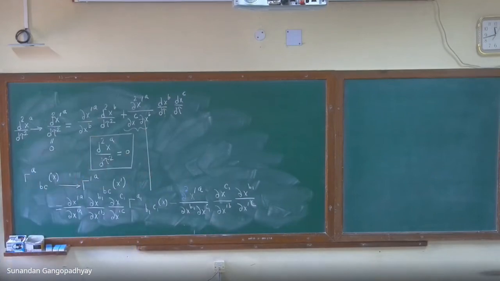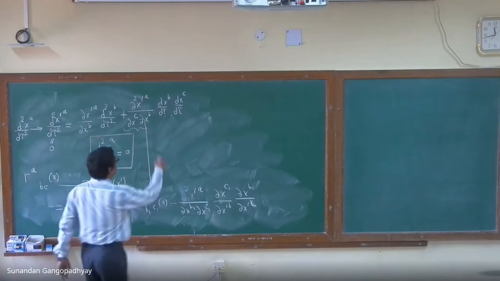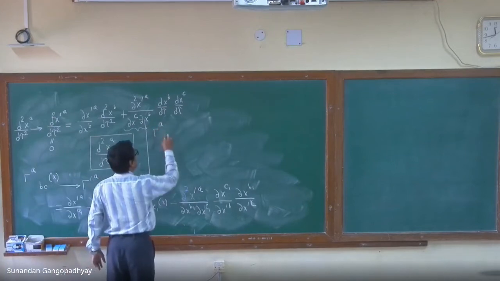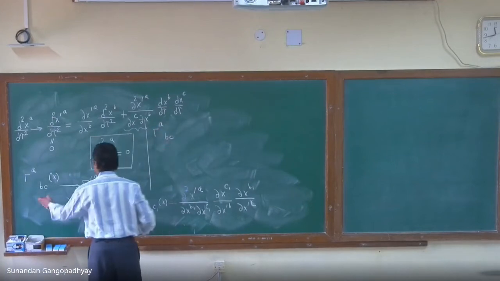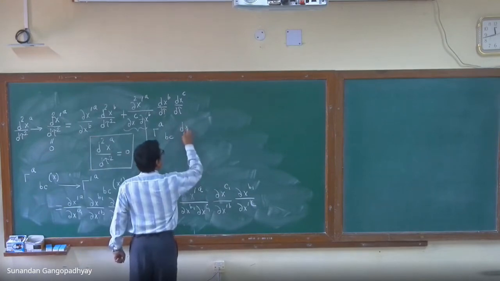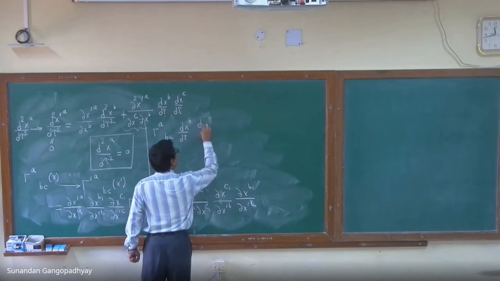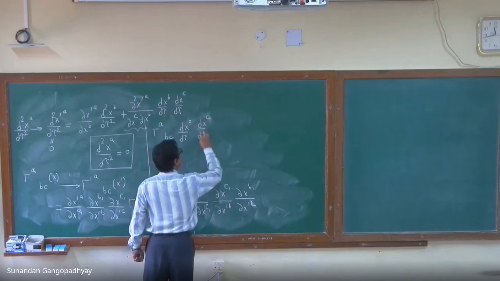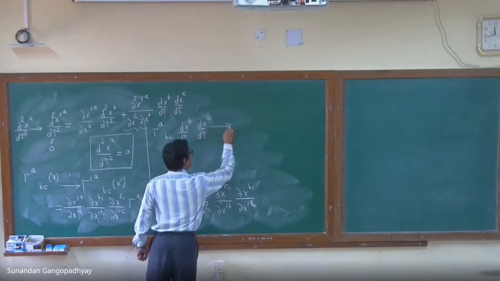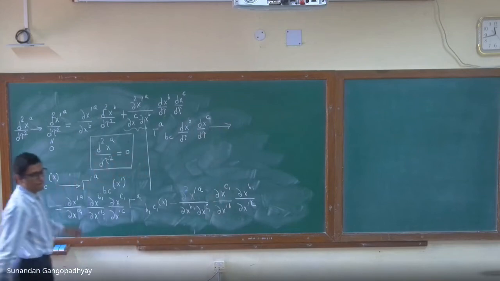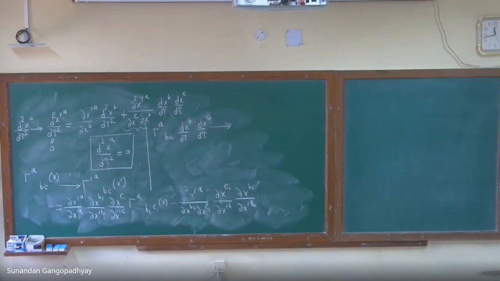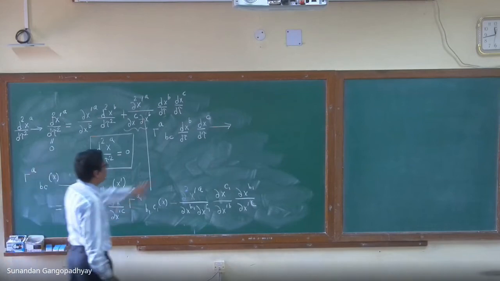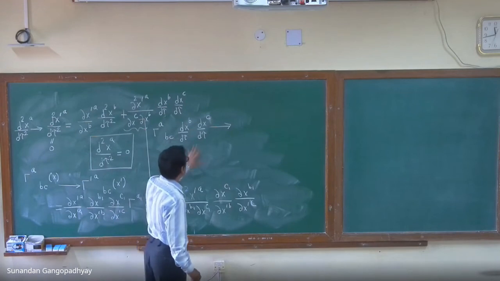Now let us do one thing with this. Let us see Gamma^a_{bc}, let us multiply this by these factors. So we had this transformation. Now we are multiplying by factors of u^b and u^c.